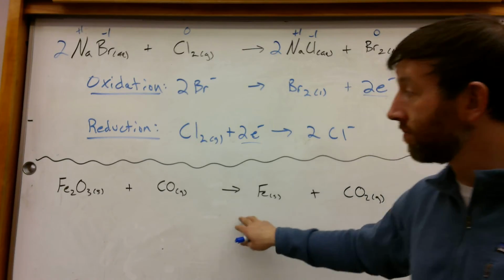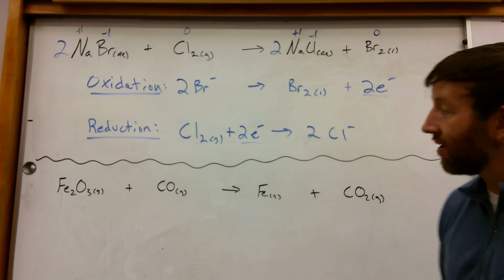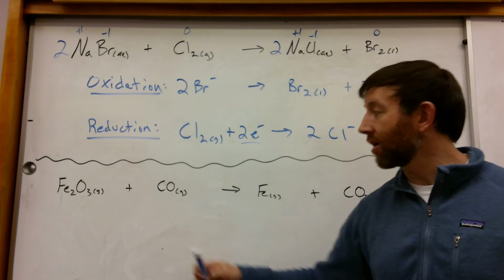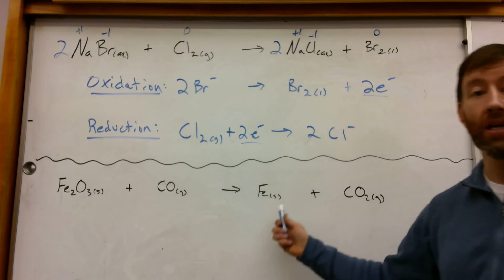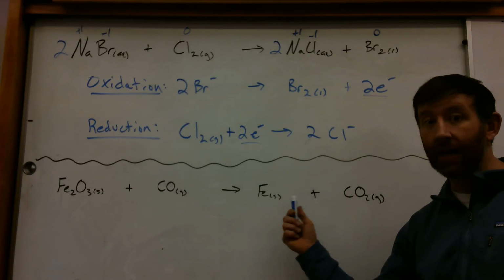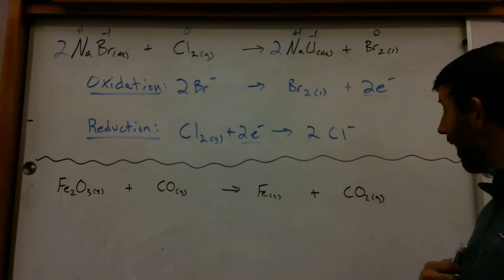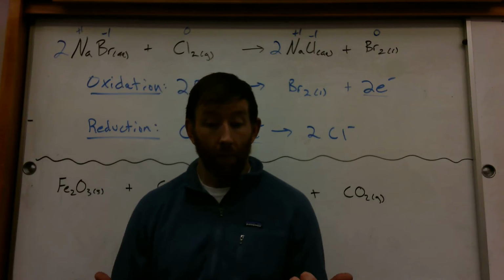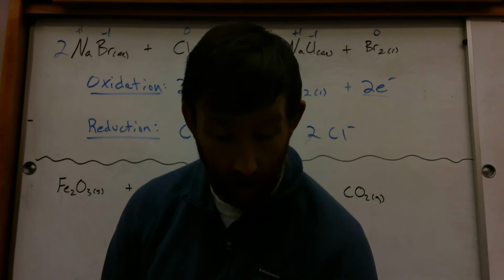All right, down here. So here I have iron oxide, which you would know as rust. Okay, and carbon monoxide gas reacting to give me just pure iron metal, so elemental iron in that case, and carbon dioxide gas. All right, so we'll probably ought to balance this one first.